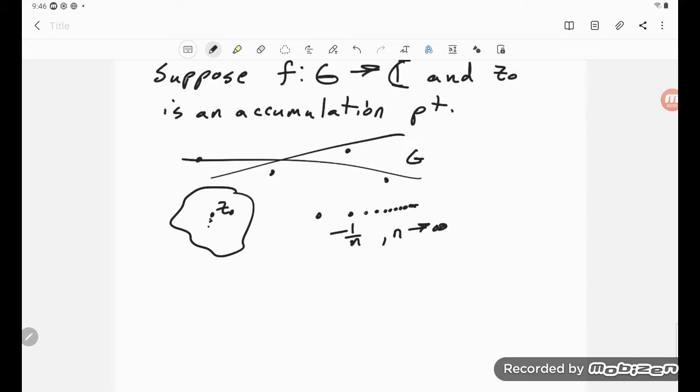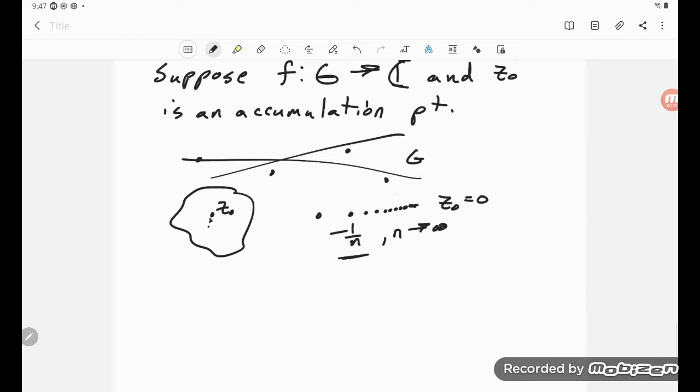Each of these points is actually isolated, but the point 0 is an accumulation point. So in this case, z0 equals 0 would be an accumulation point for this set G. So you can have weird stuff.